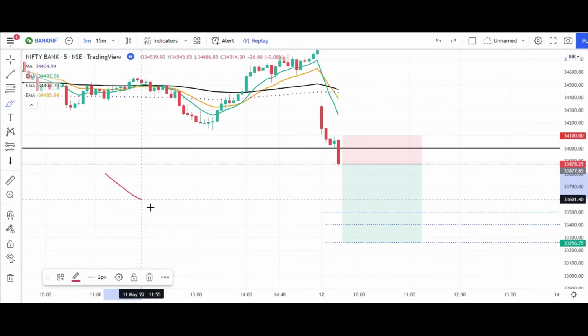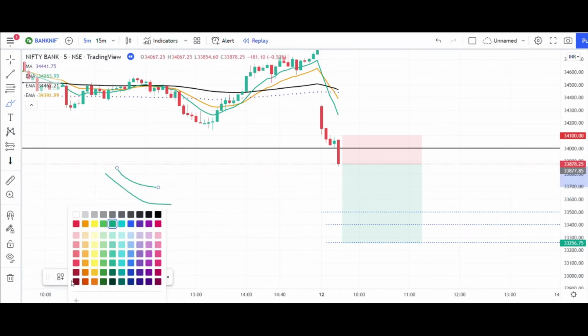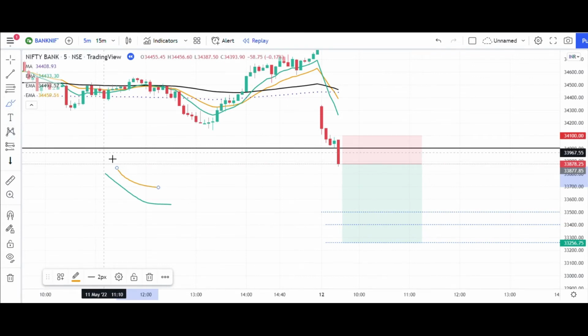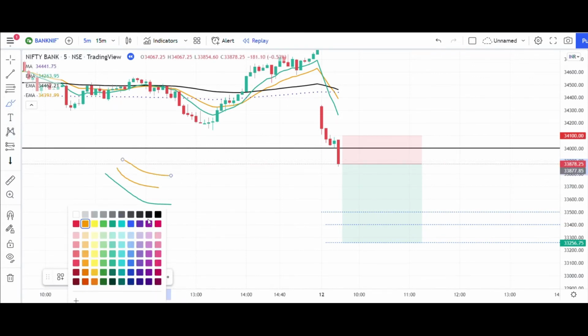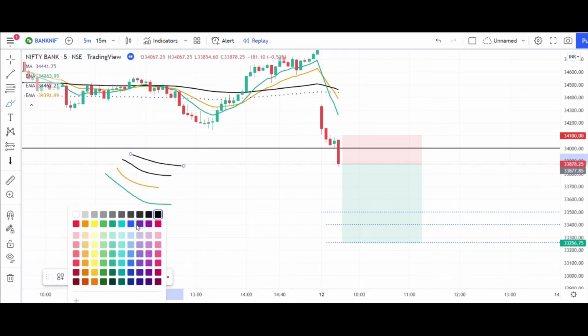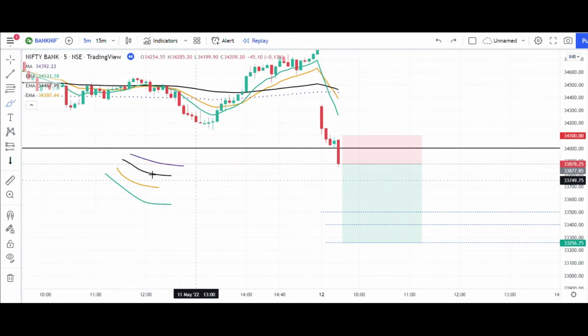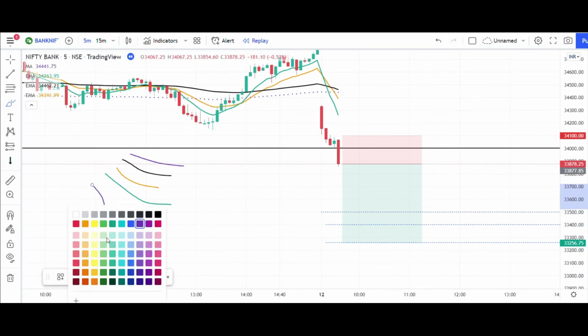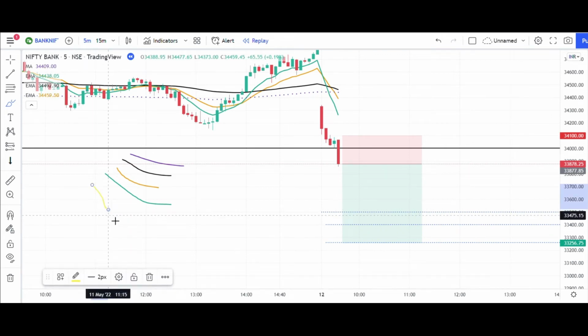Here, if I say this is the 10 exponential, then this will be your 20, this will be your 100, and this will be your 200 moving average. In such a scenario, once the price starts to go down, at least hitting your 1 or 2 target, and if it comes up and touches, then you will not exit, because this is a good bearish trend.